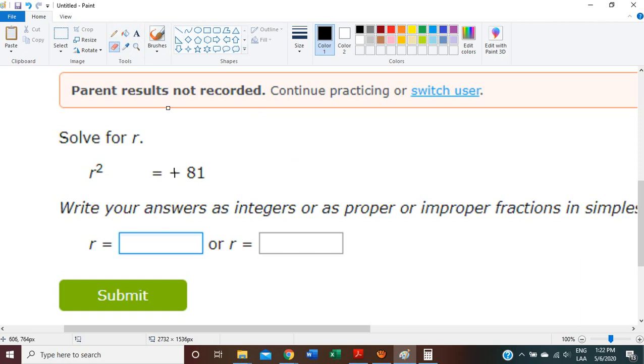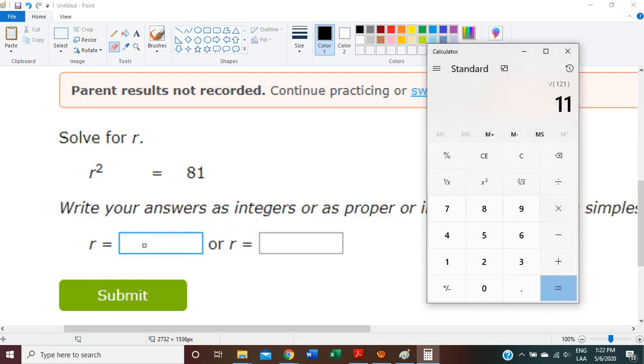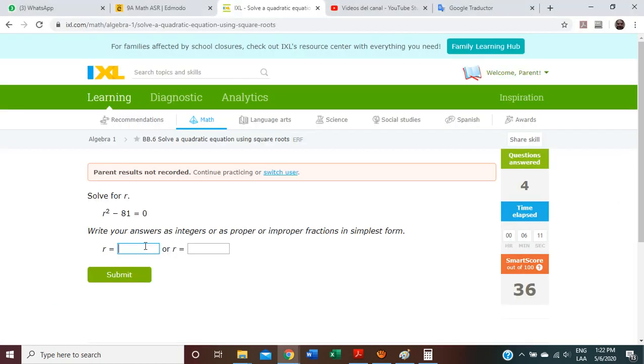When it is the first number that we write and it is positive, we don't need to write the symbol, we can just erase it. So r to the power of 2 equals 81. How much is r? It's 9, because 9 times 9 equals 81. So the answer is 9 and negative 9.